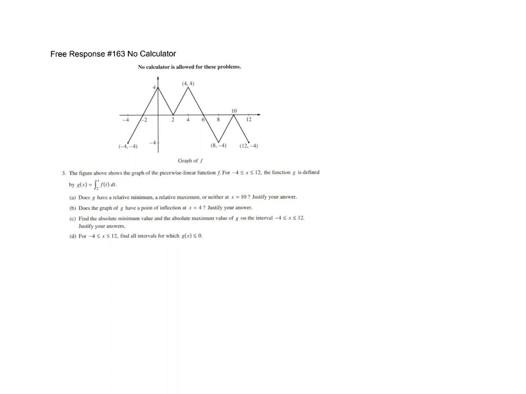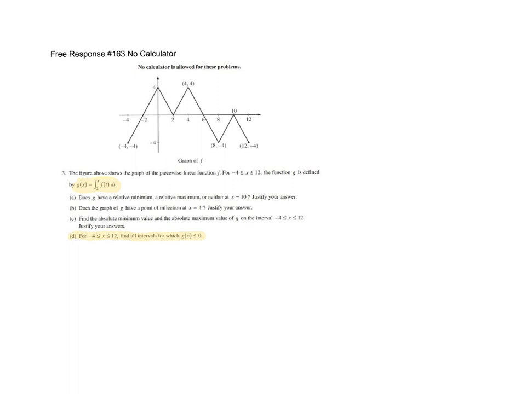Okay, thanks for your patience. We're going to knock out letter D here. Letter D says find all the intervals where g is less than or equal to 0. Okay, so for this one, remember we do have this formula that helps us find the values of g. And we just have to find all the places where we are less than 0.